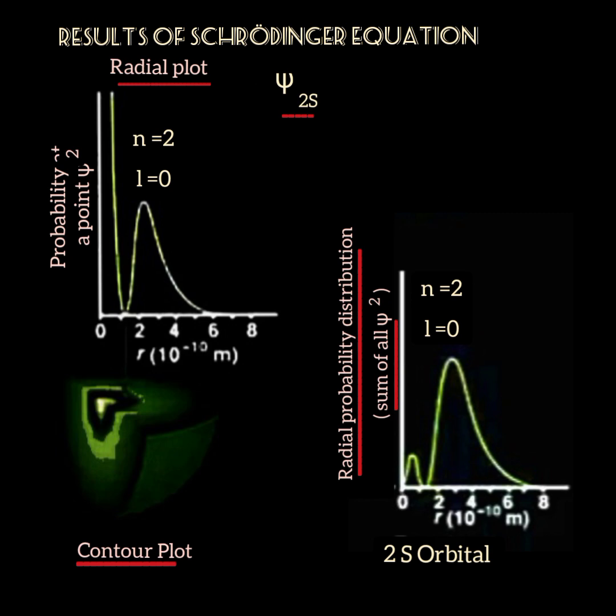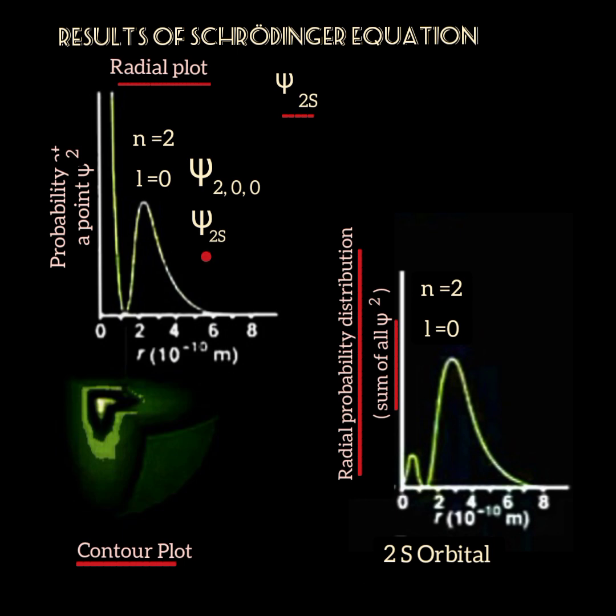When quantum number n equals 2, then l will be 0 and m also will be 0. This is called the psi 2,0,0 wave function, also known as the psi 2s wave function.